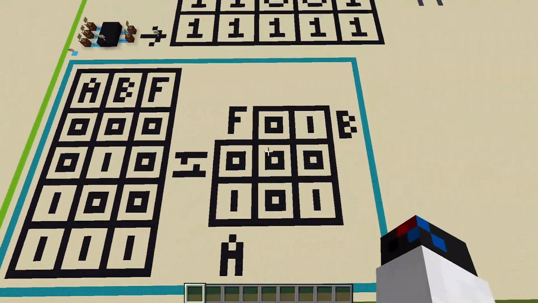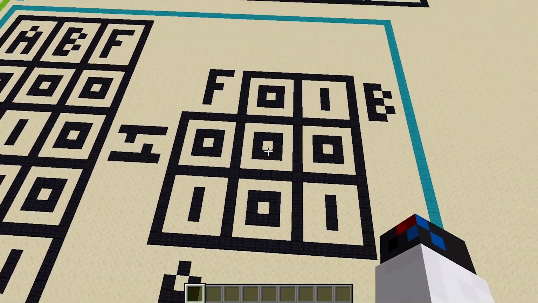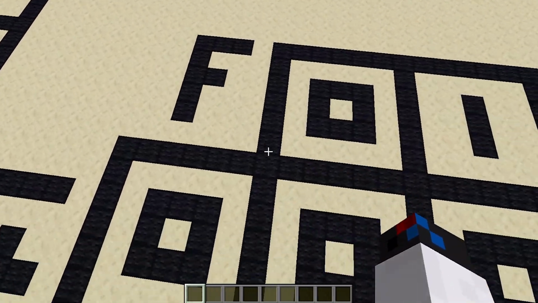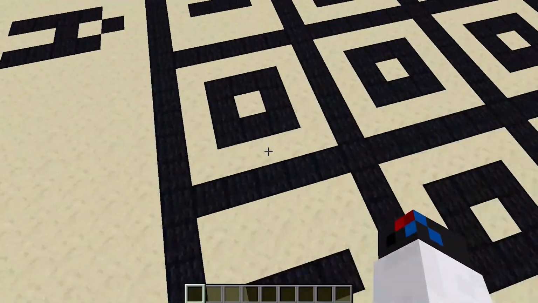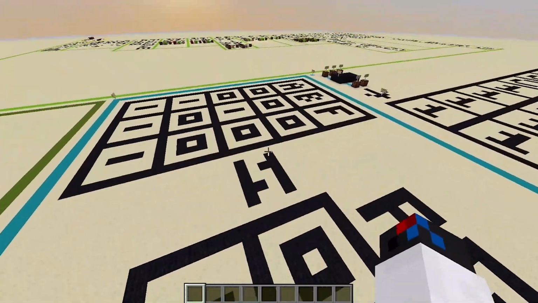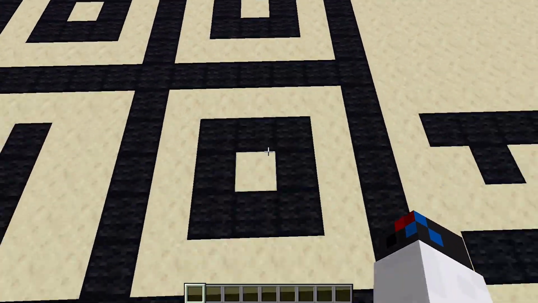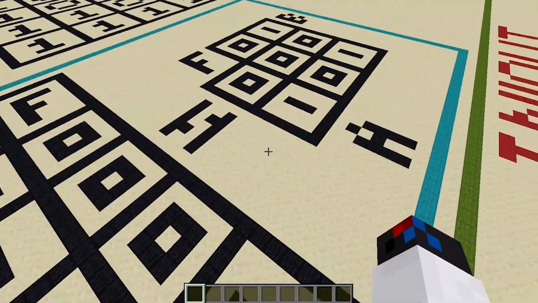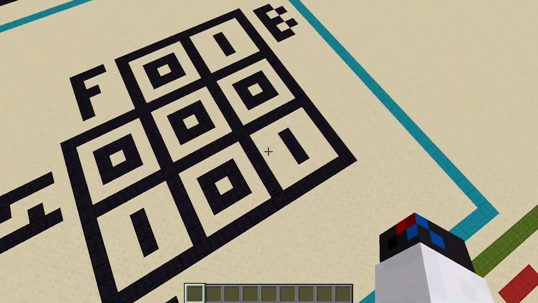Now I'm going to explain the structure of a Karnaugh map. So here we have the function, and here are the outputs. Each of these squares right here is one of the outputs of the function. As you can see, we have 0 0 0 1, and if you look here we have 0 0 0 1.